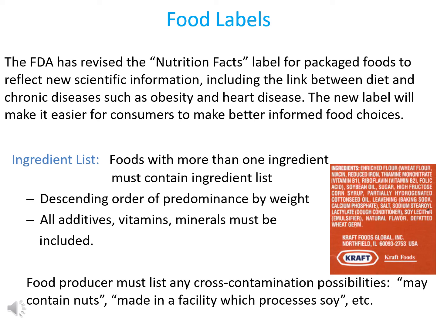So for example, if you just take a look at this example of a food ingredient list, you'll see that the first one which is noted is enriched flour. This is telling you that that particular ingredient is in the food in the largest amount. If you go all the way down to the bottom of the list, you'll see where it says defatted wheat germ. That's the last ingredient, so what this is telling you is that this is in the food in the least amount.